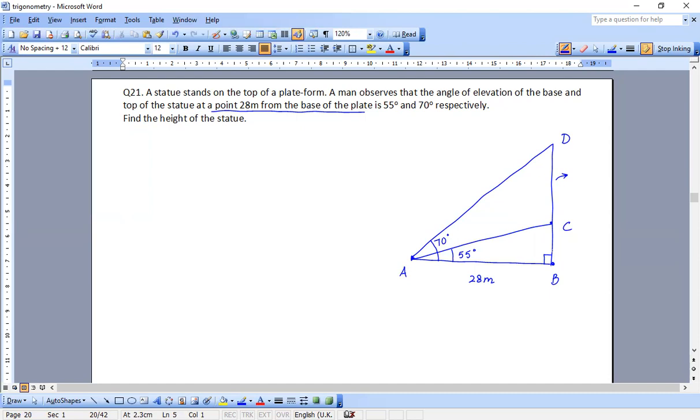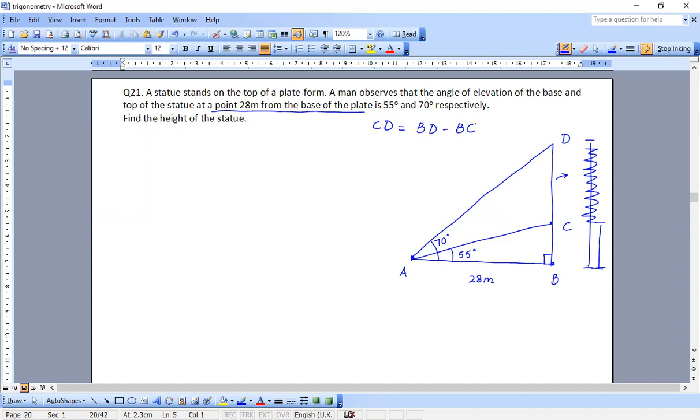So in order to calculate the value of CD, I'll find out the length from B to D, and I'll find out the length from B to C. I'll subtract these two, then I'll be left with this part only. So I can say CD will be equal to BD minus BC. If I manage to calculate the length of BD and BC, only then I'll be able to calculate the length of CD.